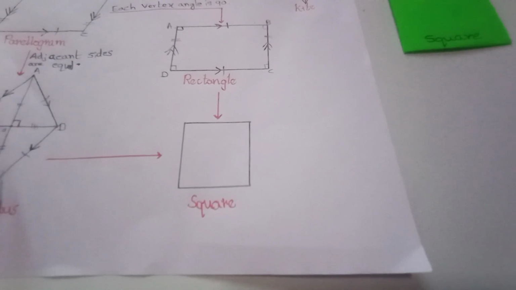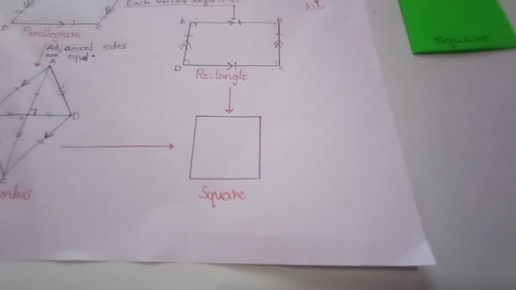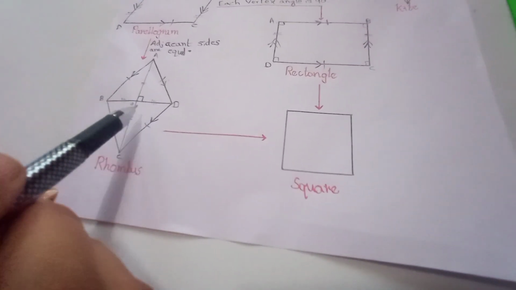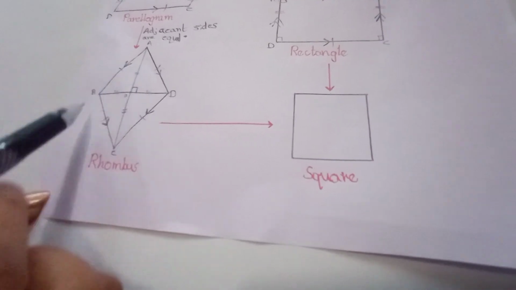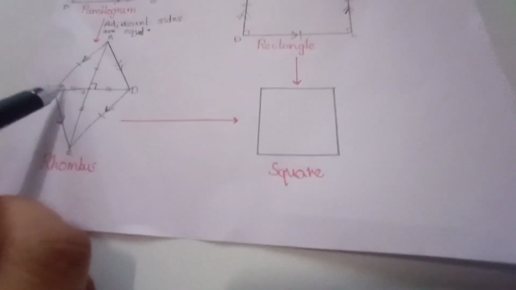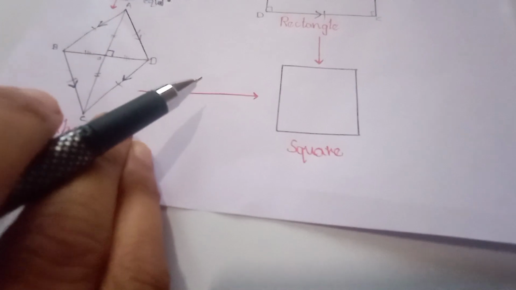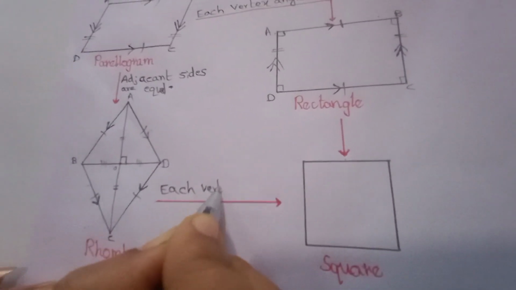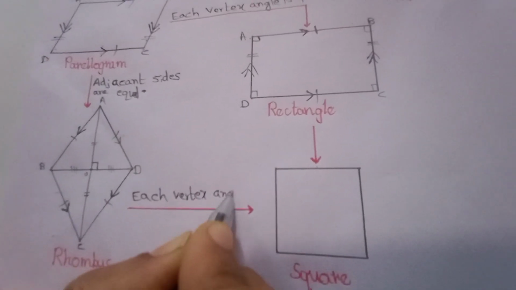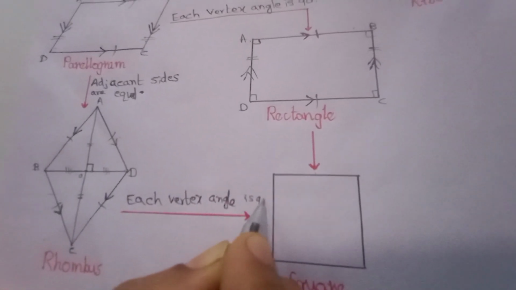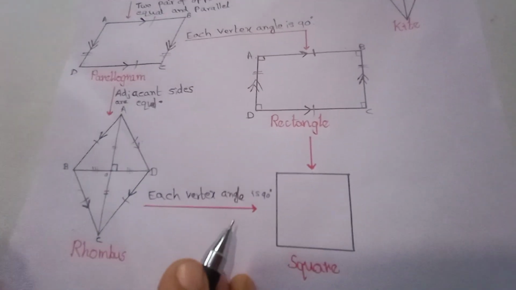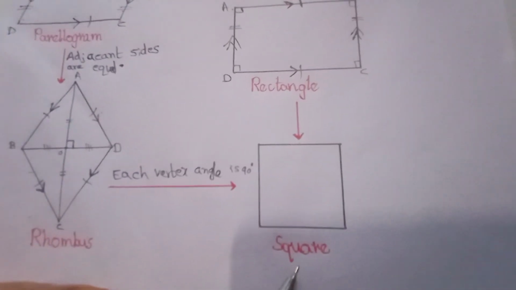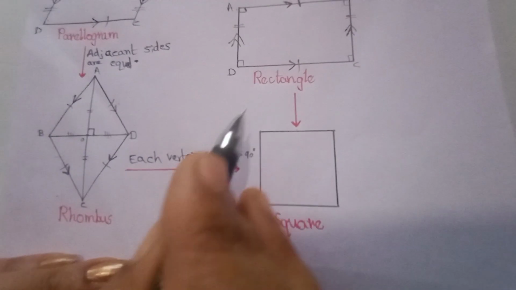And one more special case of a rhombus: if each vertex angle in a rhombus is 90 degrees, then the rhombus becomes a square.